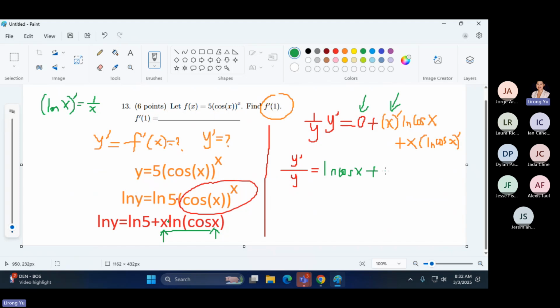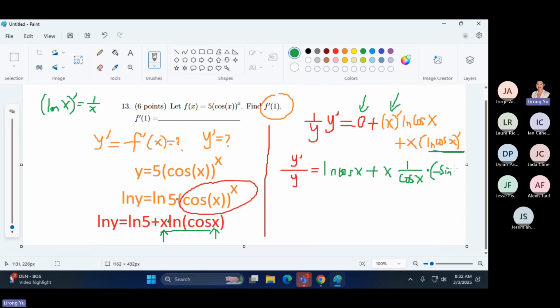Plus, then this is x, and we have to differentiate the natural log of cosine x. The derivative of natural log gives us 1 over the inside, and the inside is cosine x. So we have 1 over cosine x. Now we have to multiply by the derivative of cosine. The derivative of cosine is negative sine. This is the chain rule.